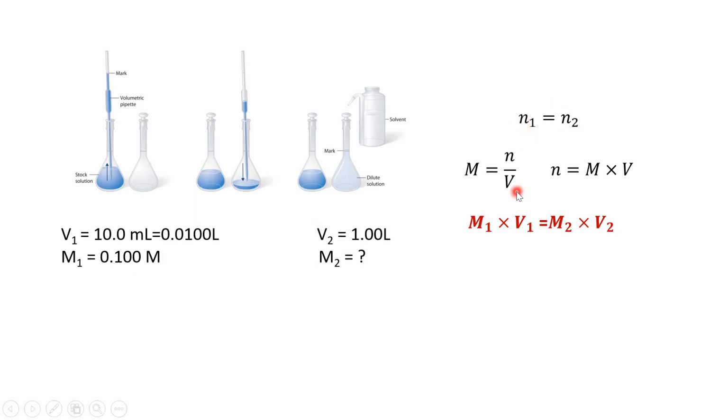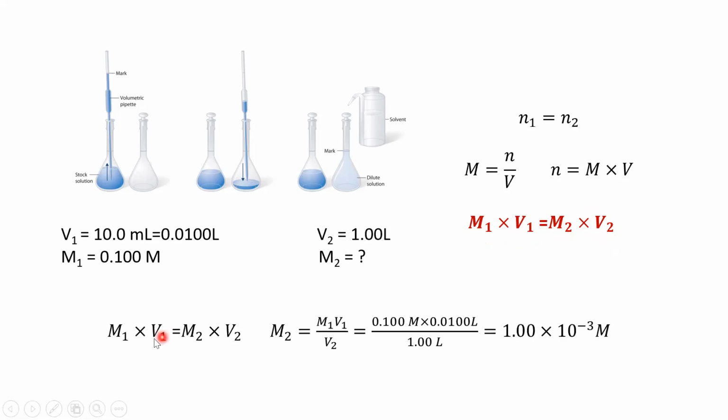So our equation for dilution problems is M1 times V1 equals M2 times V2. The M's stand for molarities, the V's stand for volumes. The 1's are for the original concentrated solution, and the 2's stand for the diluted solution. In this particular question, we're trying to calculate M2.